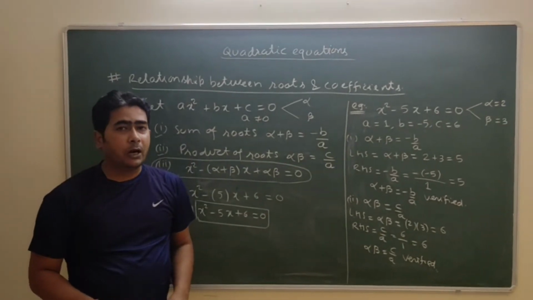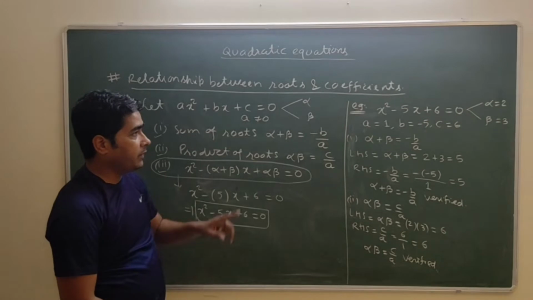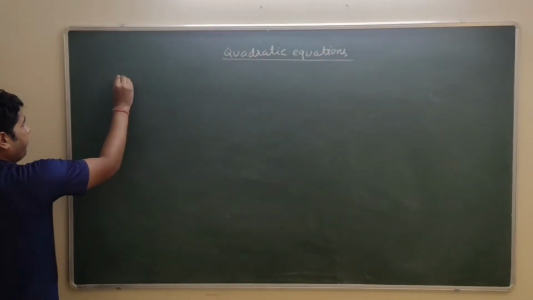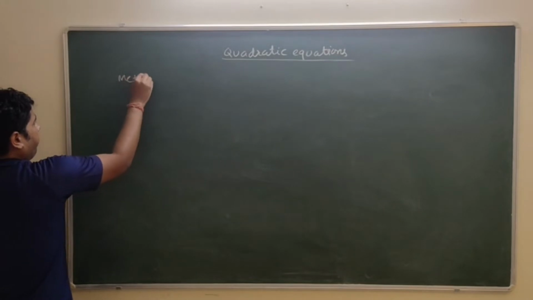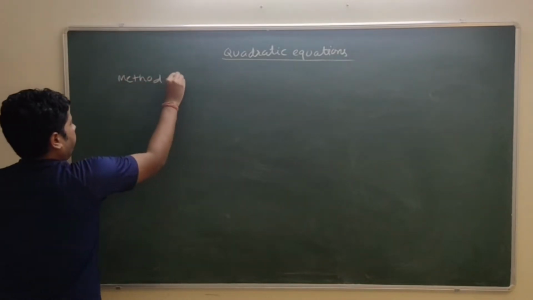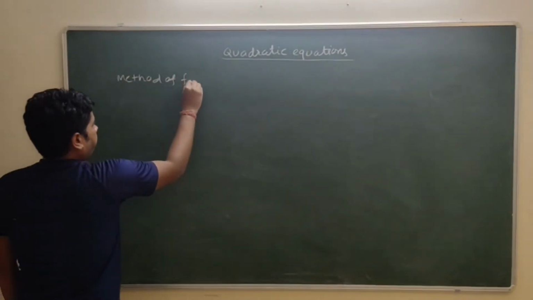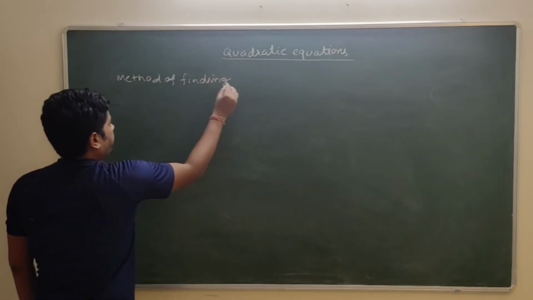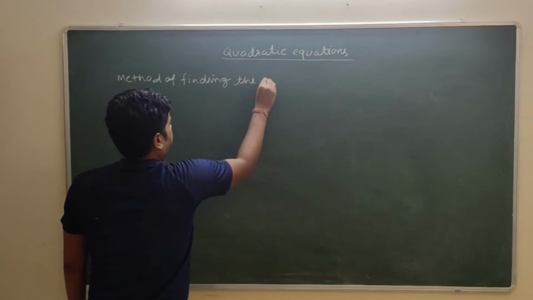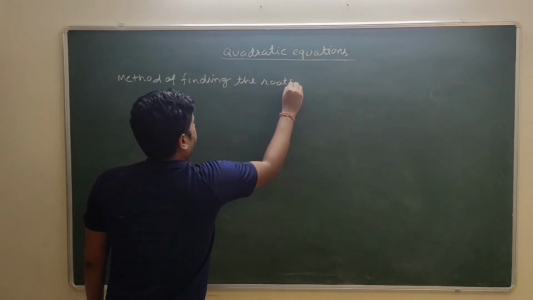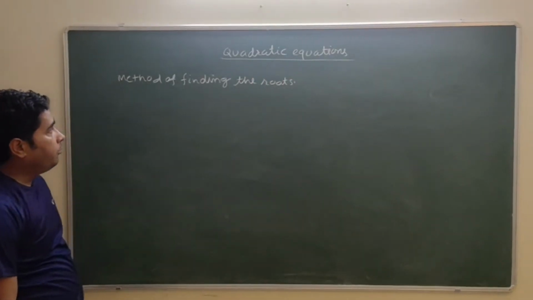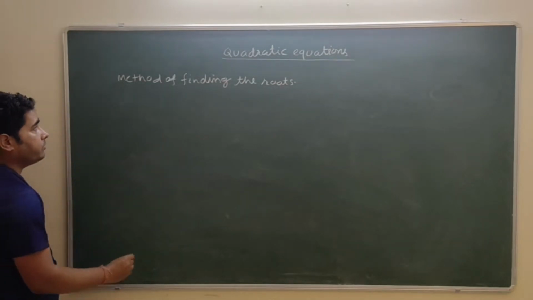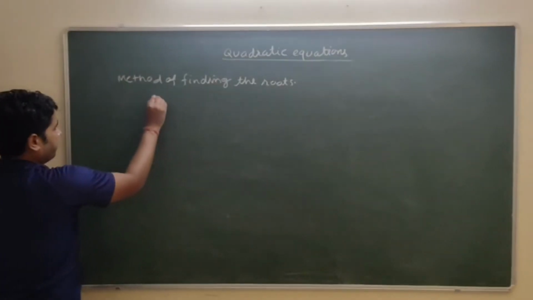Now we are going to see how many methods there are in which we can find alpha and beta. So this topic is methods of finding the roots. How many methods are there in which we can find the roots of any given quadratic equation? There are 3 methods.